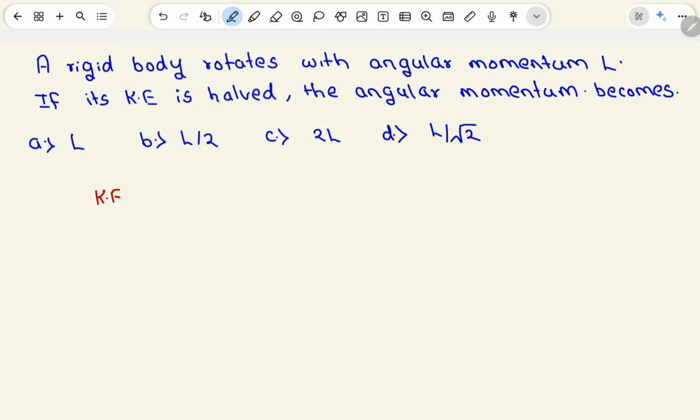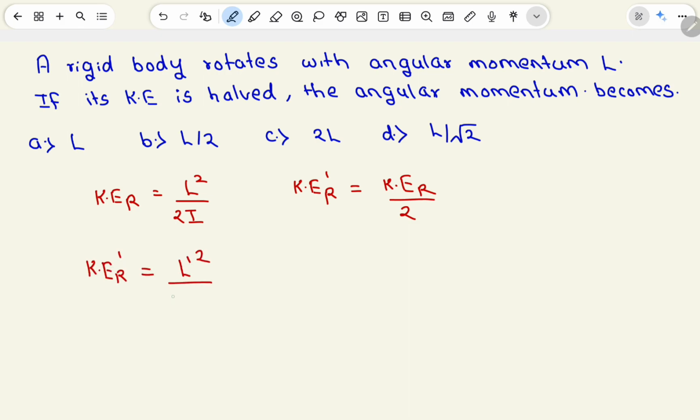So we know that the rotational kinetic energy can be written as L square over 2I. Now, what they are doing is the new rotational kinetic energy, let us call it KER dash, it is halved. So it is KER by 2. And that KER dash can be written as L dash square upon 2I.